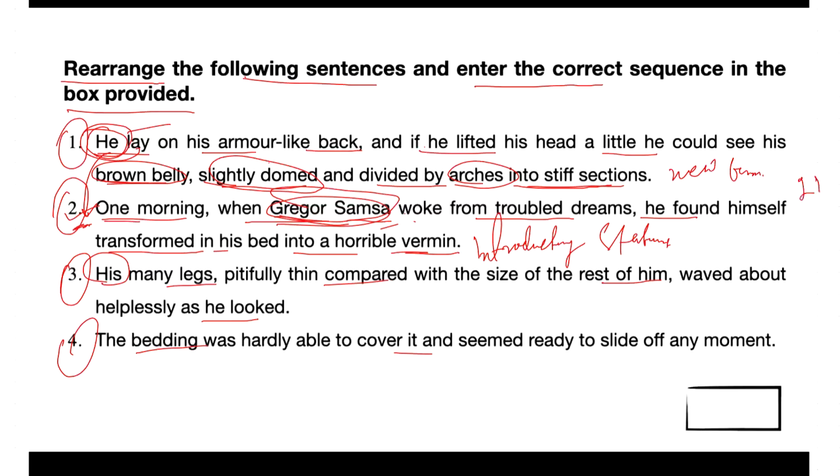Now let's move to the next ones, sentence three and sentence four. Sentence four follows sentence one, as it elaborates on the inadequacy of Gregor's bedding to cover his transformed body: and seemed ready to slide off any moment.